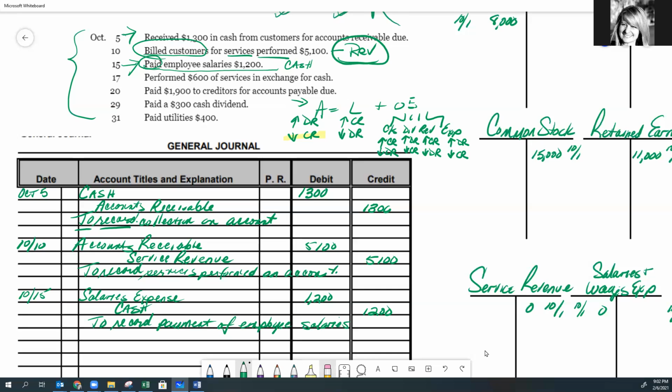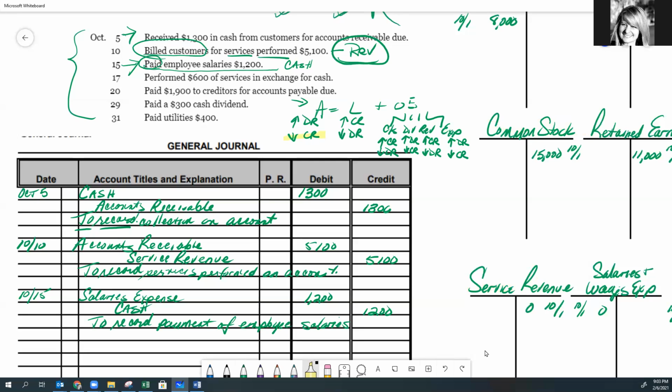I also did that over here when I opened up my general ledger accounts. If the balance was a debit balance, I put it on the left side of the T account. And if the balance was a credit balance, I put it on the right side. Okay, so that was rule 1. Debits on the left, credits on the right.